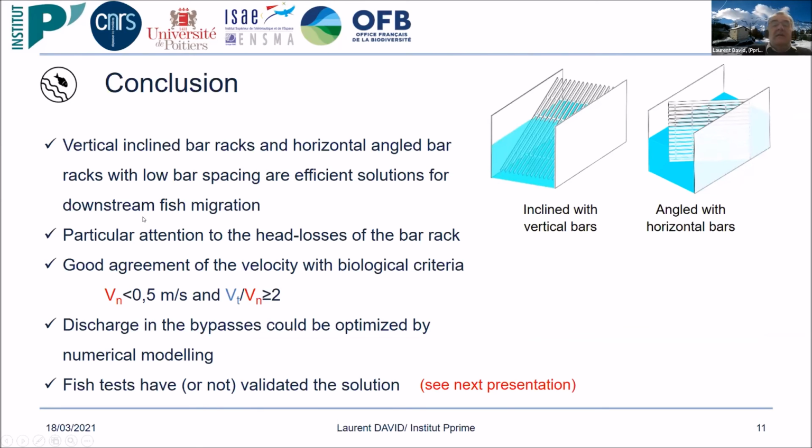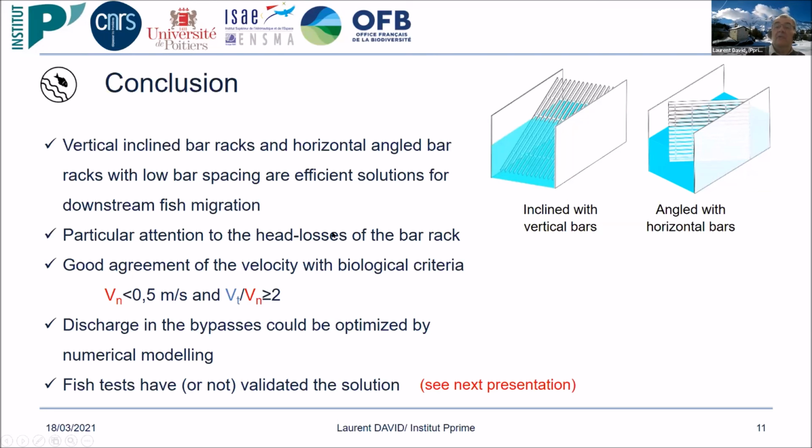And a particular attention has been paid to head loss prediction, because it's really important to know exactly what kind of head loss you could obtain with this kind of solution, to help also the company to predict correctly, and also to avoid some error by putting a lot of things, for example, behind the bar rack, which introduce a lot of head losses.